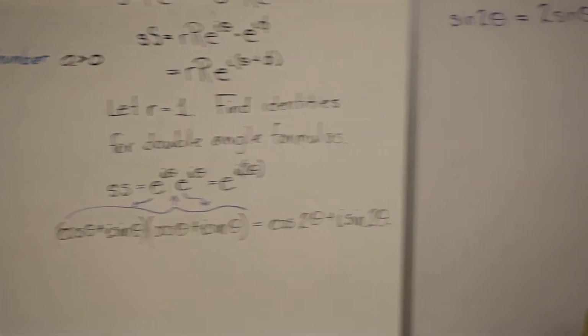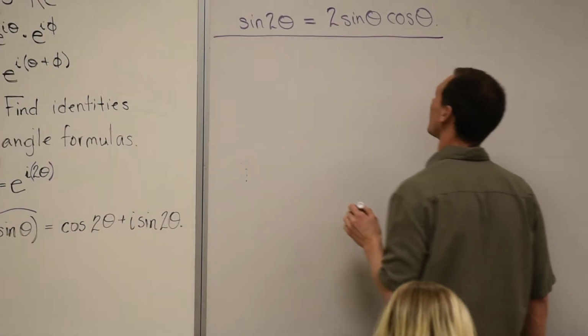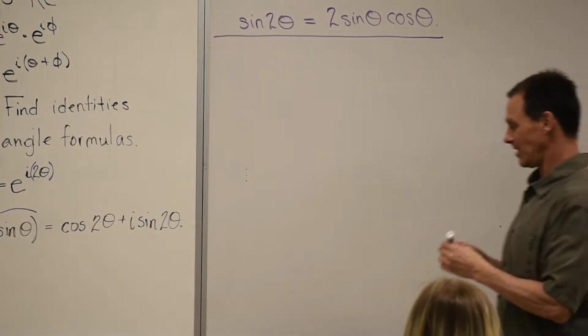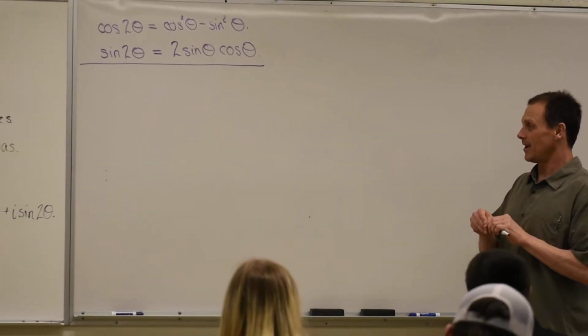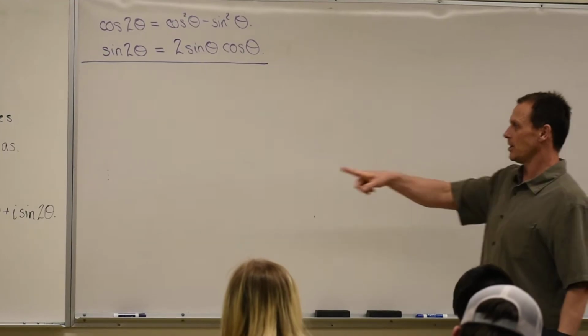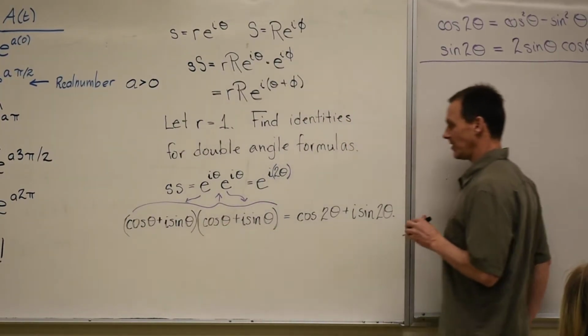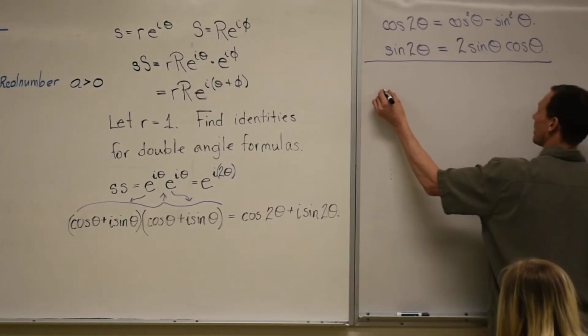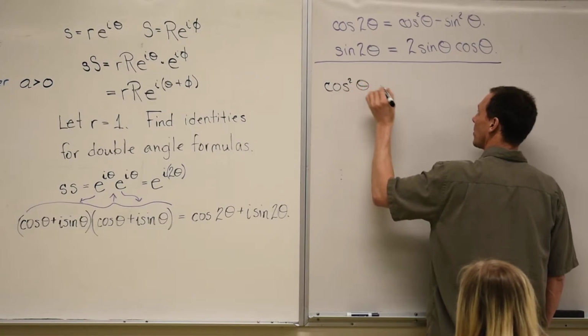So let's go. This is my concern. I'm wondering if Marceline's cheat sheet is correct. You see, she needs to make any corrections. On the left-hand side, if I multiply these out, I'm going to come up with cosine squared theta.